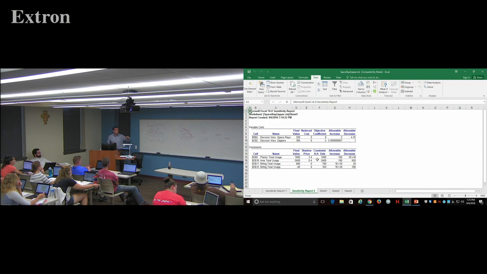It represents the premium above what we normally pay. Does that make sense? Like say we paid $5 per pound originally, then we shouldn't just be willing to pay $3.40. We should be willing to pay $8.40 because that shadow price represents the premium above what we normally pay. It's called a sunk cost. It's already included in that objective coefficient.